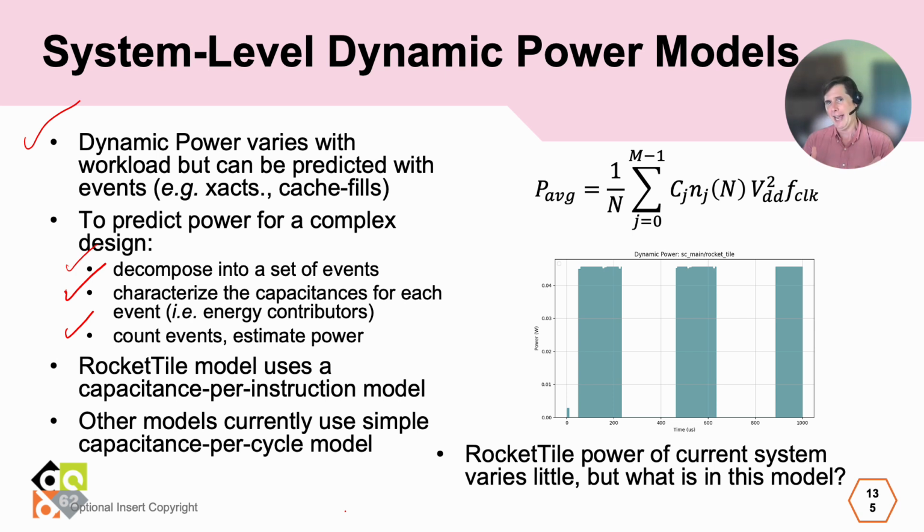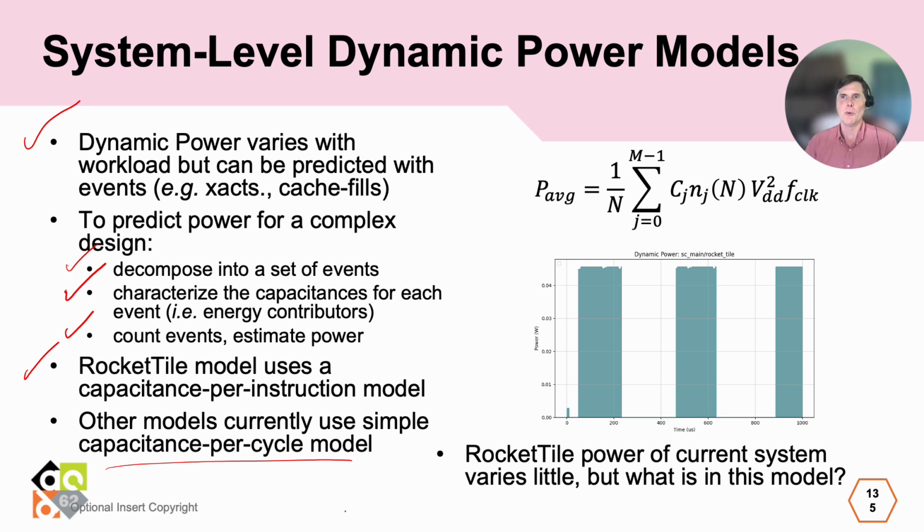That's not the most accurate kind of model, but it's enough to illustrate the process of how you would characterize and then simulate this power. We have some more comments later about how you would do something more complex. So that's for the Rocket Tile, and that's most of what I'm going to be talking about here. All of the other blocks in the system used a simple capacitance per cycle model.